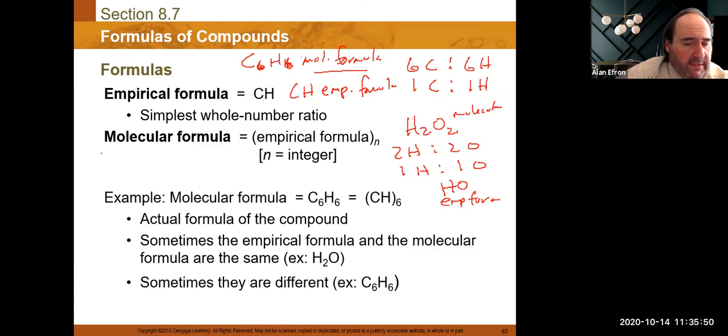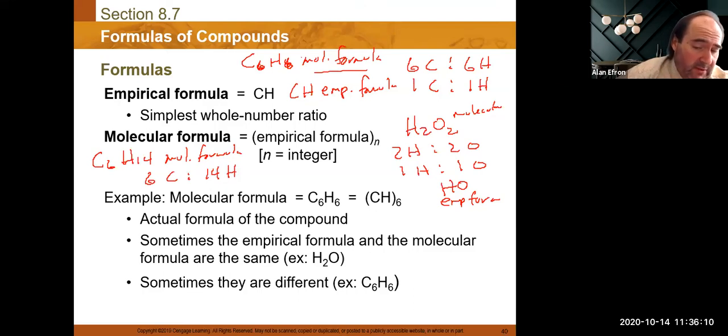If you had something like C6H14, the ratio in our molecular formula is 6 carbons to 14 hydrogens. You could reduce everybody down by 2, which would be the same as 3 carbons for every 7 hydrogens, so C3H7 would be our empirical formula in that case.